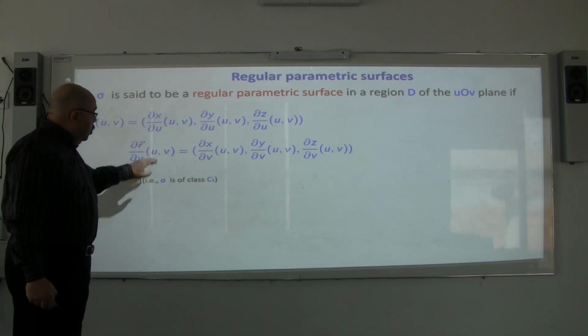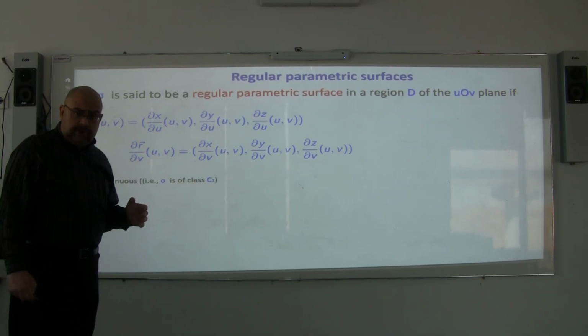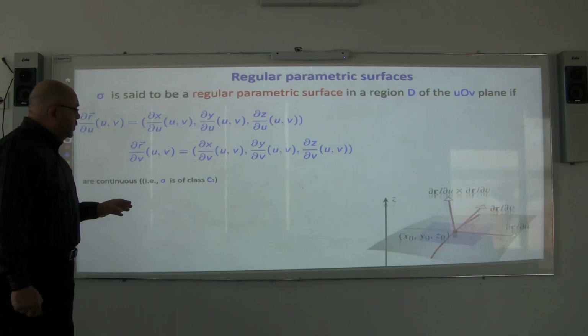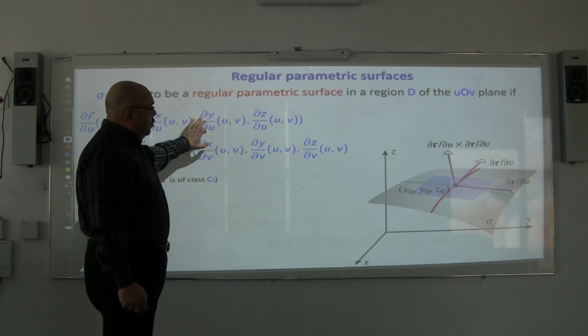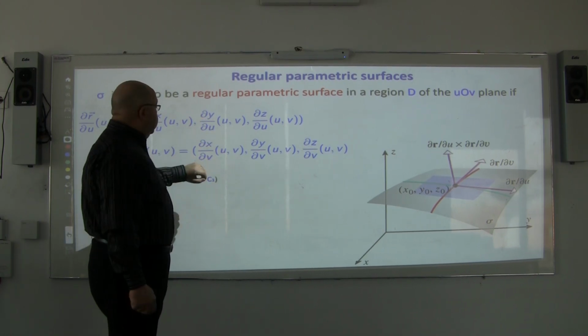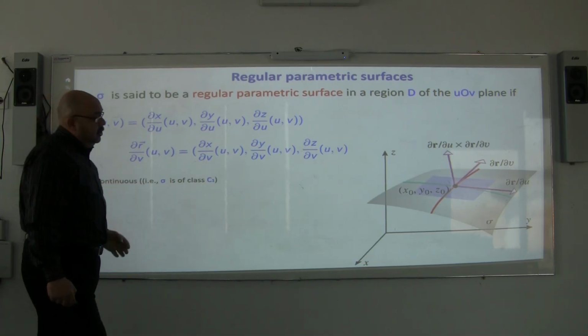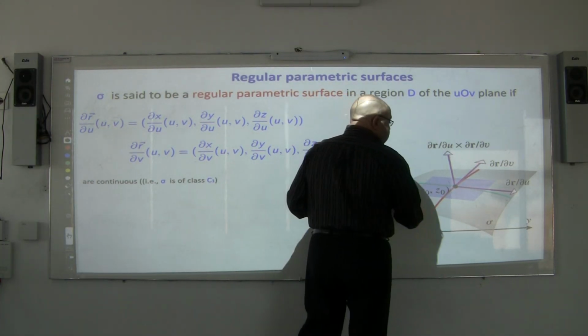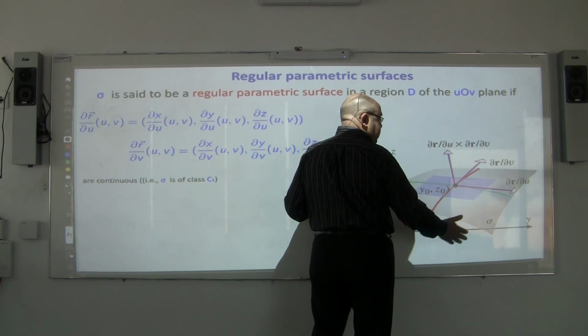All of these partial derivatives are continuous on the surface. So if you take the cross product of these partial derivatives, partial r partial u and partial r partial v, that's what you can see here if you have r as the vector for this surface.